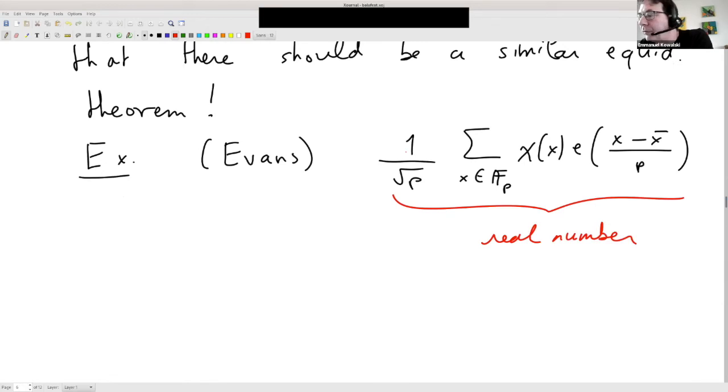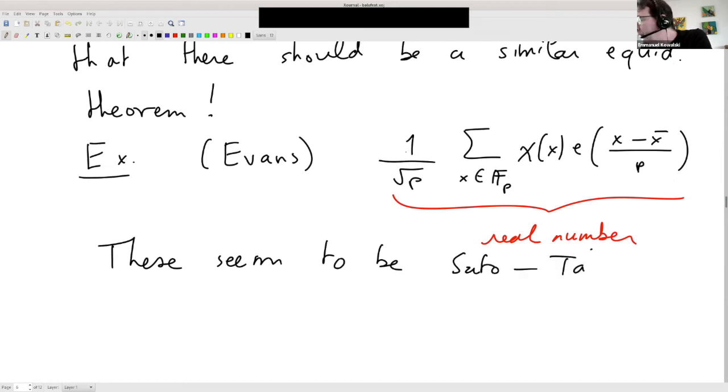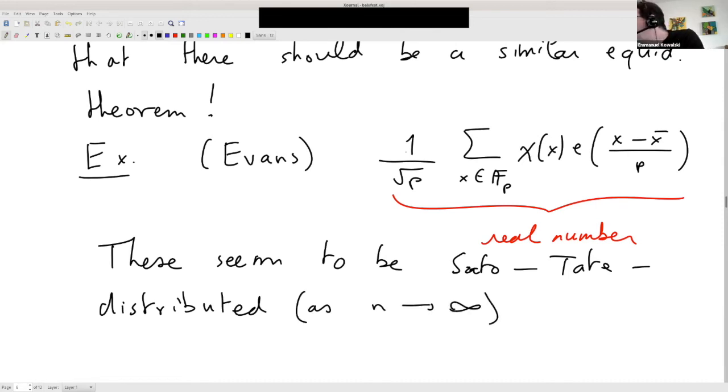So experimentally, these seem to be also Sato-Tate distributed when you replace p by p to the n, as usual. Okay.